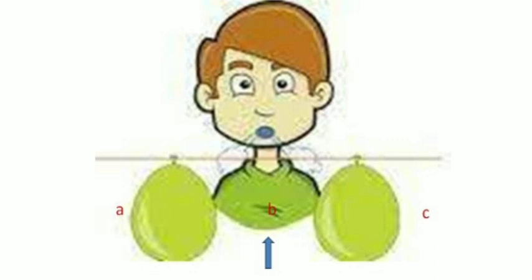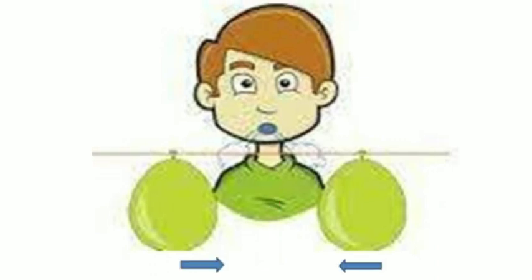If we name them A, B and C, region B comparatively has low air pressure. So air pressure in region B is less. But the air pressure in regions A and C is high. So air will flow in this direction.